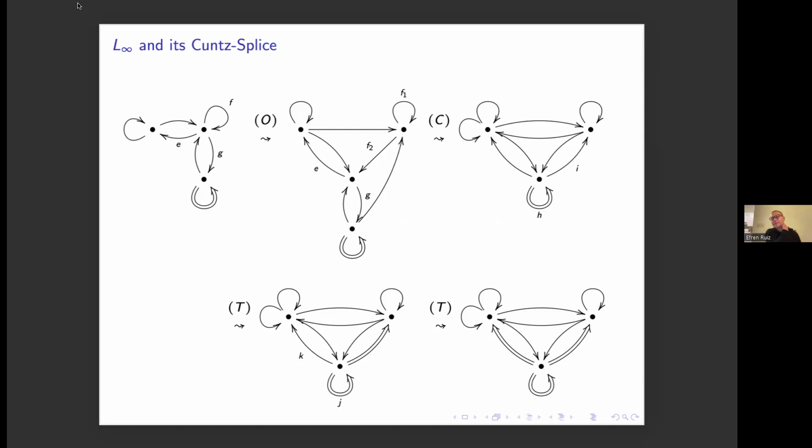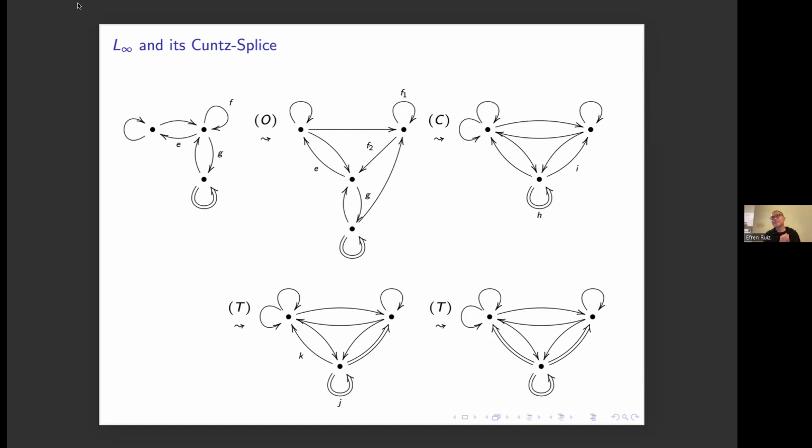Yeah, but couldn't it be that, if for some SPI graph, finite SPI graph E, the Leavitt path algebra of E and the Leavitt path algebra of its Cuntz-Splice are isomorphic, would that force the same to be true for every graph E?